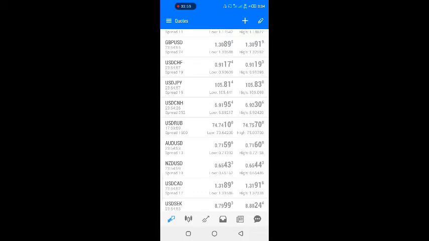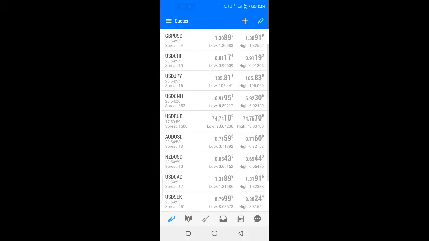Put your point in front of it, 9 minus 5, that is the pipette, you have 4. So you have 2.4, or 2 pips, 4 pipettes. Now if you look at the spread here, that is 24. That is what your broker is going to collect.